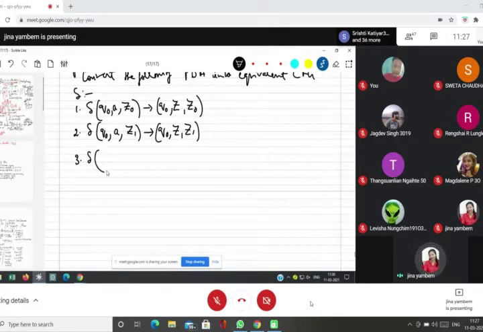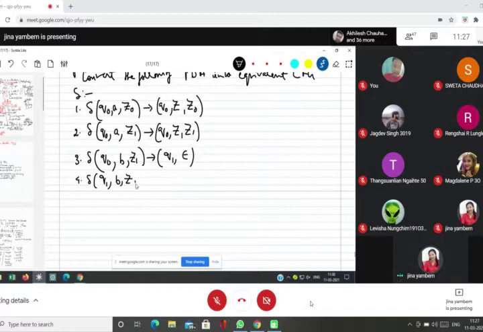Number 3: delta(q0, b, Z1) = (q1, epsilon). Number 4: delta(q1, b, Z1) = (q1, epsilon).